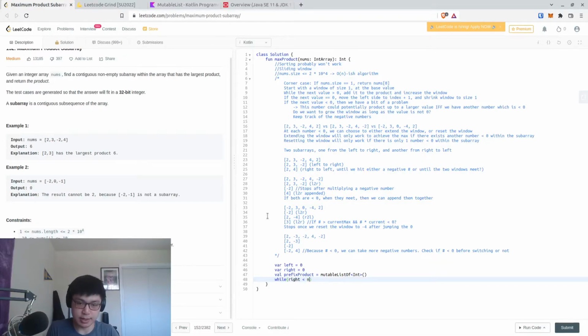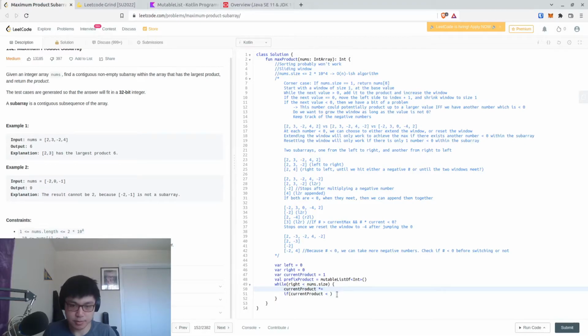while right is less than nums size, not nums size minus 1, just nums size. We can say var current product is equal to 1, nums at 0. If current product multiplied equals, let me think.